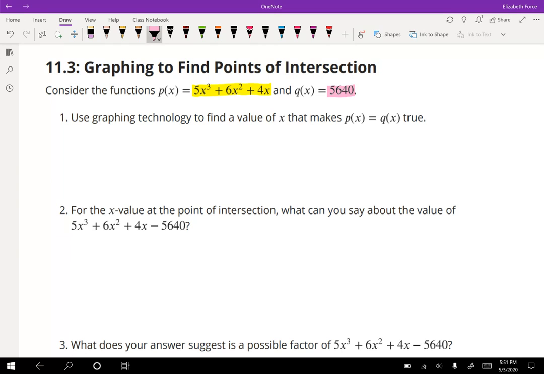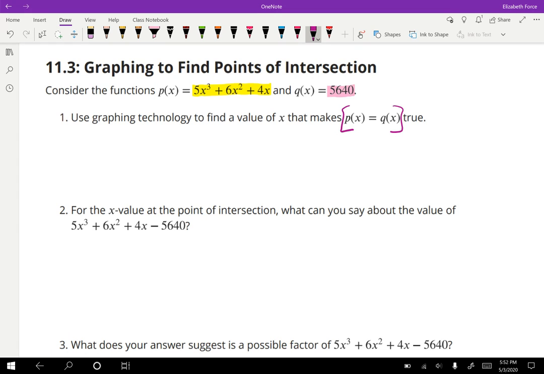So it's a flat line going through the y-coordinate all the way up at 5,640 on the y-axis. And they want us to use graphing technology, so Desmos is the easiest, to find a value of x that makes p of x equal to q of x.